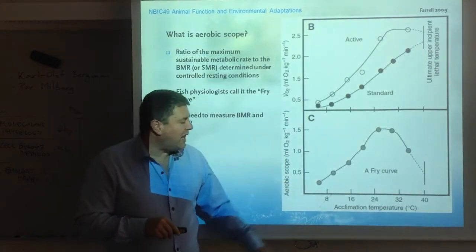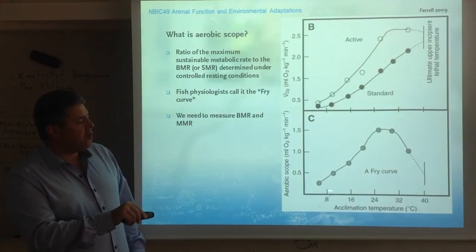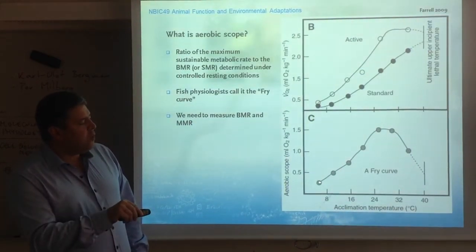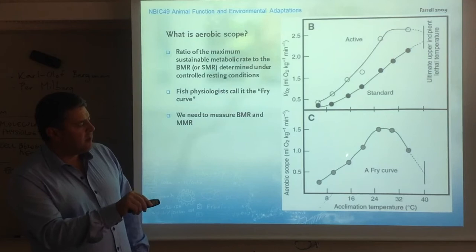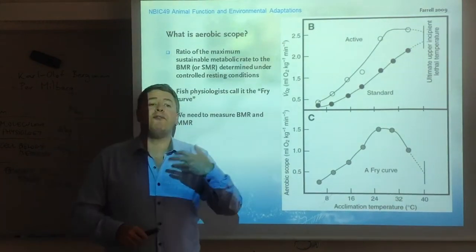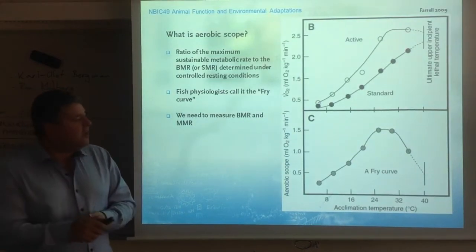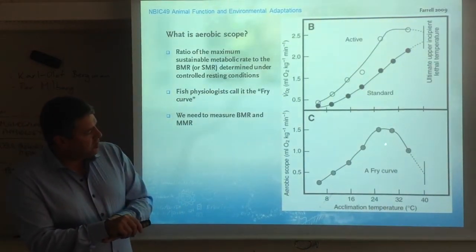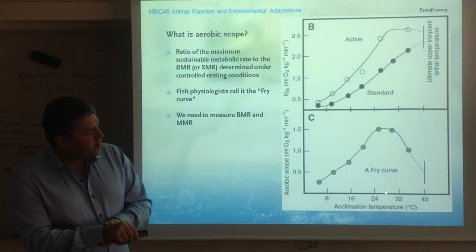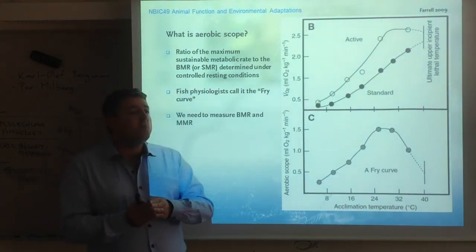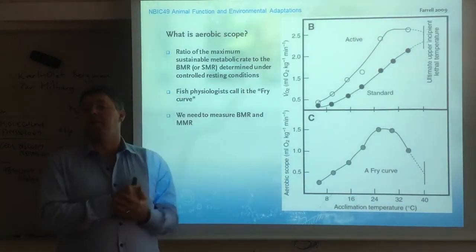So typically, these curves over a temperature range give you a peak curve, meaning that there is a point in which you have the optimal aerobic scope, the highest aerobic scope. This is the temperature at which these fish can increase metabolism most from the standard metabolism.